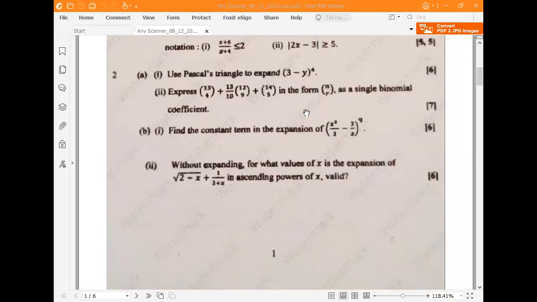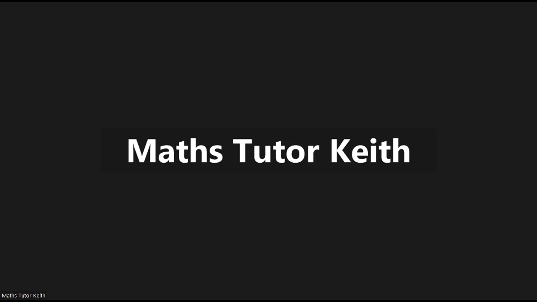So you may be asked to do such a thing whereby you are given binomial coefficients that you can express in one form like that. Let's see how we do it.